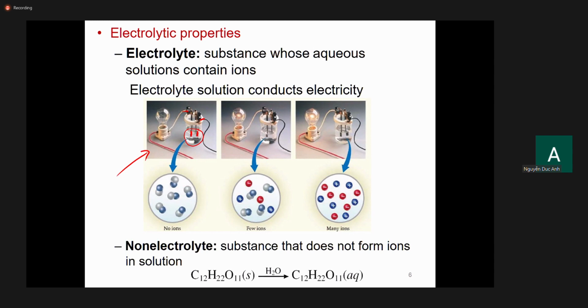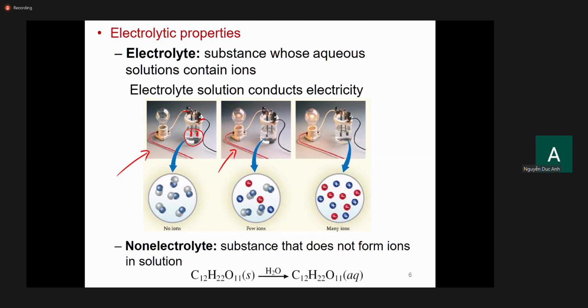On the other side, you have another kind of solution that can let the electricity move through, but not all the electricity can move through. In that one, we can imagine there are only a few ions generated when you dissolve that substance in the solution.